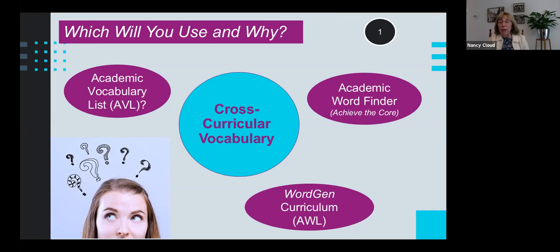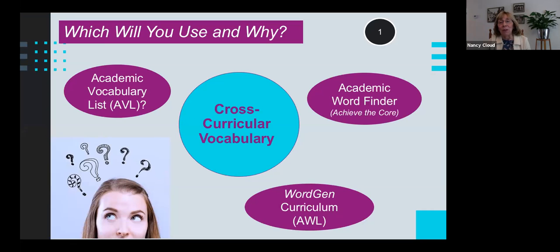Thank you for that example, because that shows you that the academic word finder will show you some of the usages, but it's not going to show you all of the forms. And once the kids offer you something like Avengers, you might want to go into a whole morphological lesson with them about different endings.